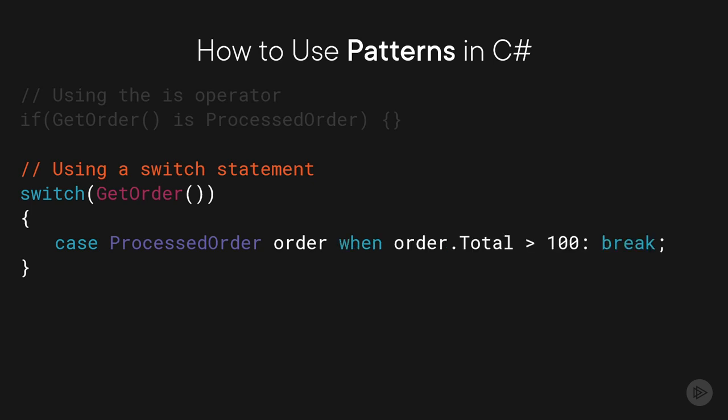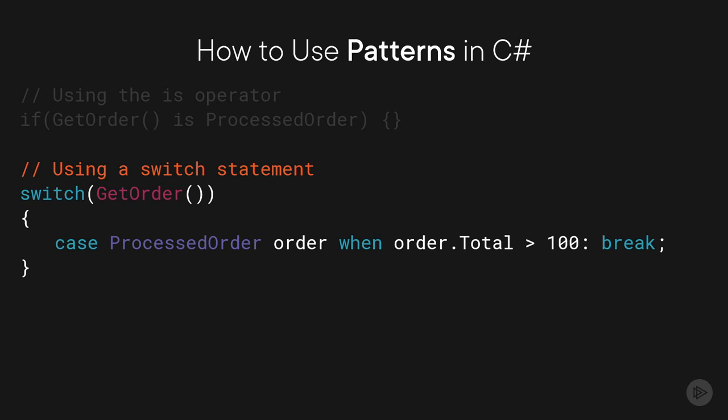The if statement that uses the is operator can be converted into a switch statement. If you'd then like to check a property, you can do so using the when keyword followed by what you'd like to check. This introduces a case guard.